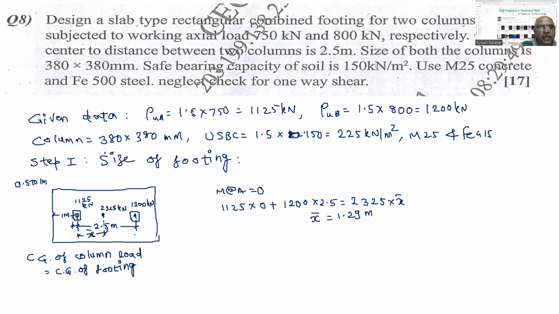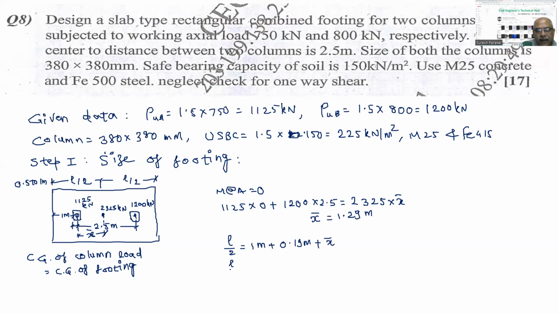Now this centroid is L by 2 on both sides, and it should coincide. Therefore L by 2 is equal to 1 meter, which is the projection beyond the column, plus 0.19 meter, which is half the column, plus X bar.